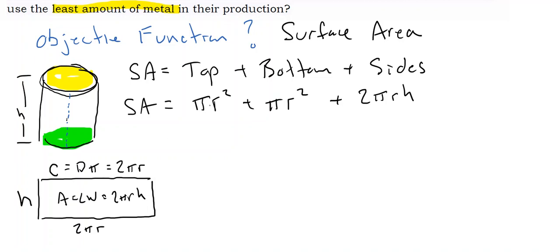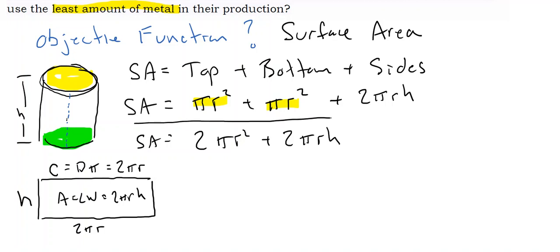Now, since the top and bottom of the can are both circles, we can combine those and say that the surface area is 2 pi r squared plus the area of the sides, 2 pi r h. So this right here is our objective function.